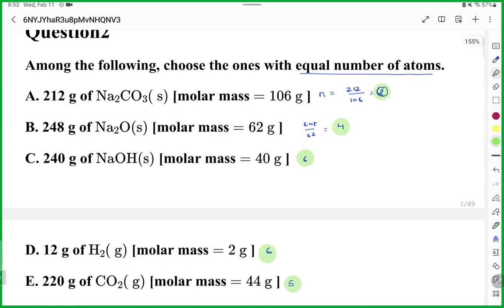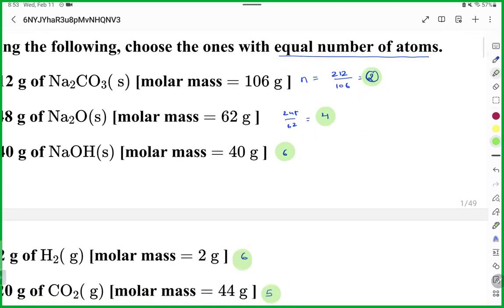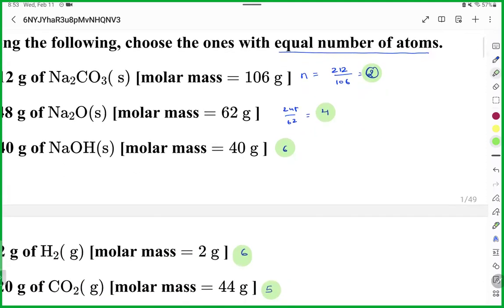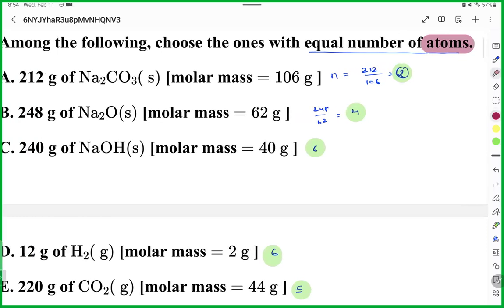Chandana, is this correct? So shouldn't it be the other way around? No. Here we are talking about atoms, not the number of moles. It is the number of moles of overall compound.